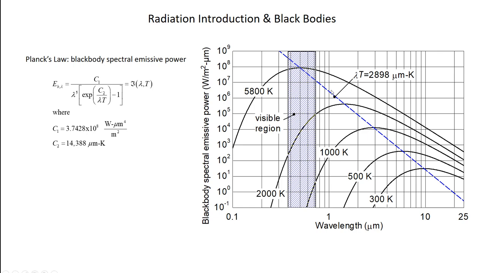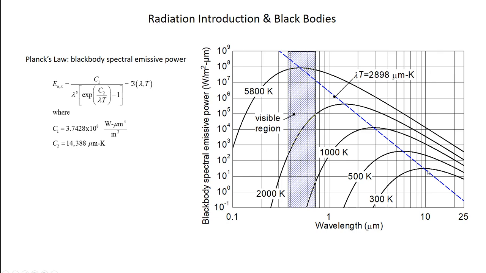So there are a few things to look at here and try to understand. One thing that I hope is pretty obvious is that how much radiation a surface emits is a very, very strong function of its temperature, right? This y-axis here, as we go from 300 to 500 to 1,000, it's many, many, many decades of change, right?